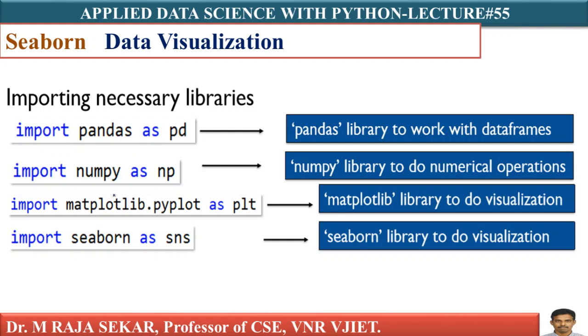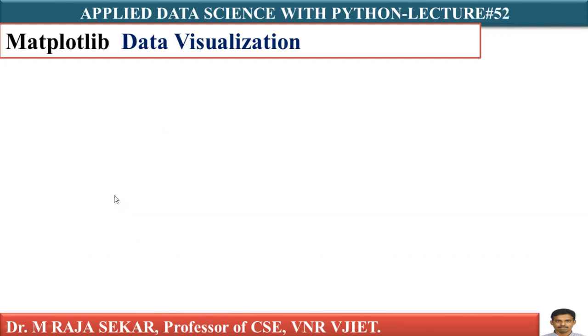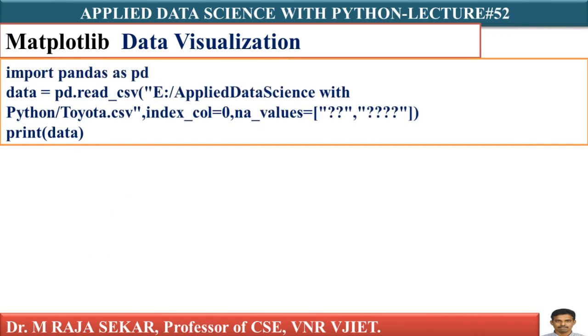Means from our data frame we have to remove question marks and NaN values. What does it mean? We have to clean the data. This procedure I already discussed in lecture number 52. Even we recalled it in our previous lecture.